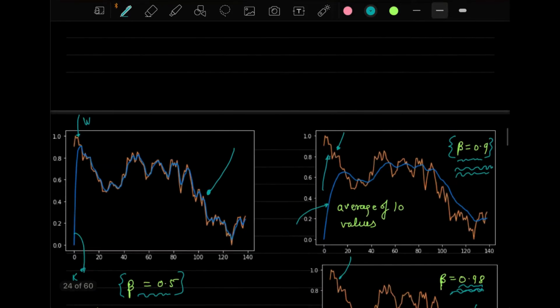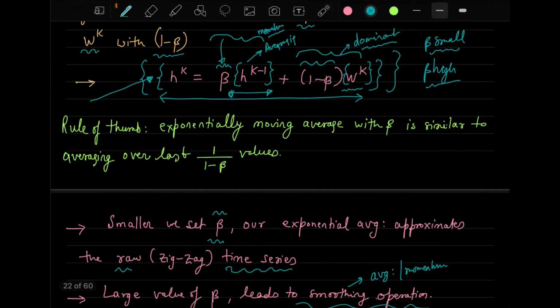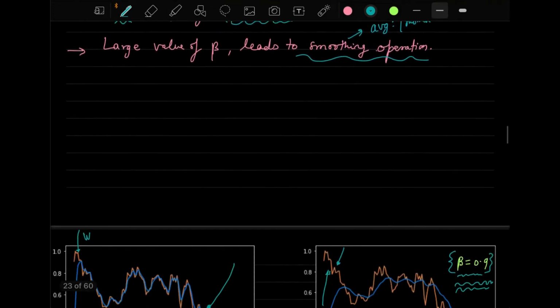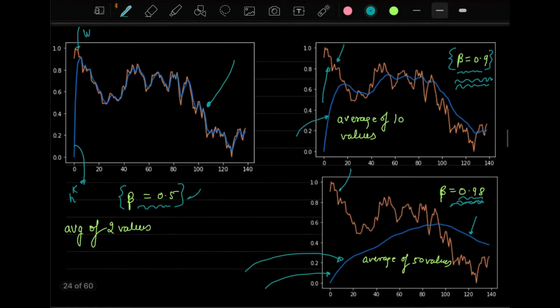And one more thing I want to discuss here is that in this exponentially moving average expression, it has been found that when you take a selective value of beta, that is equivalent to 1 upon 1 minus beta. So if you are taking beta as, let us say, 0.5, that means you are averaging approximately two values from the past to do the smoothing operation.